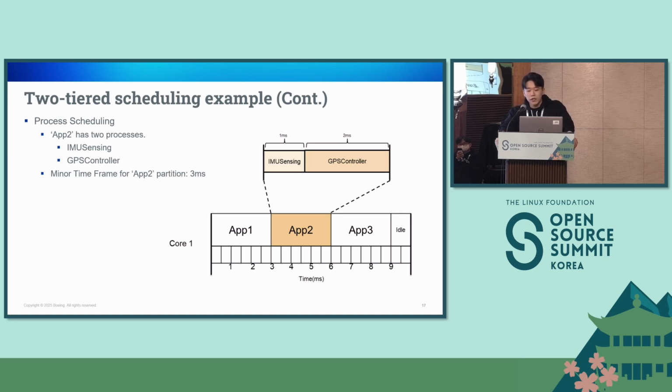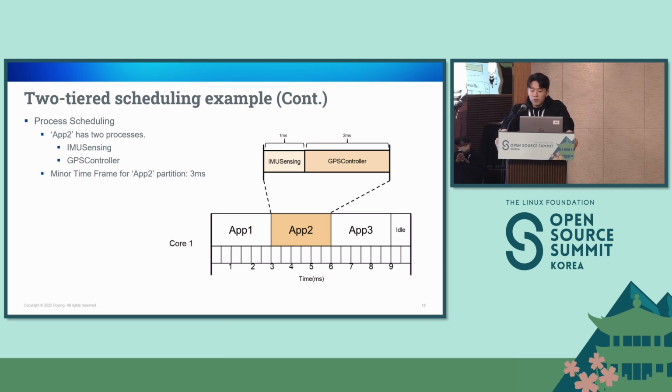The IMU sensor data is processed for 1 millisecond, and the GPS data is processed for 2 milliseconds. Both processes run within application 2's partition time window, which lasts 3 milliseconds. The period of these processes is 10 milliseconds, as each process executes once every 10 milliseconds. A key point to remember is that the rate monotonic scheduling policy is applied here.